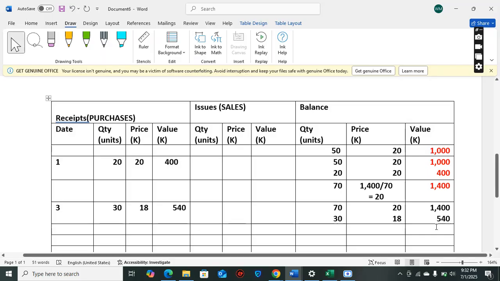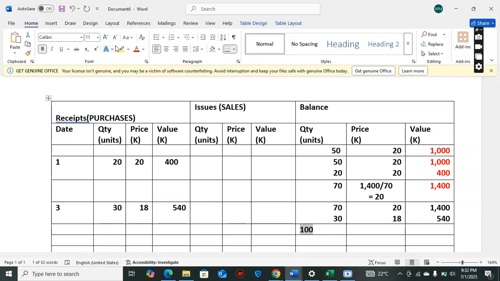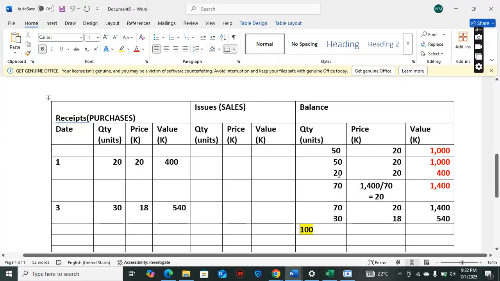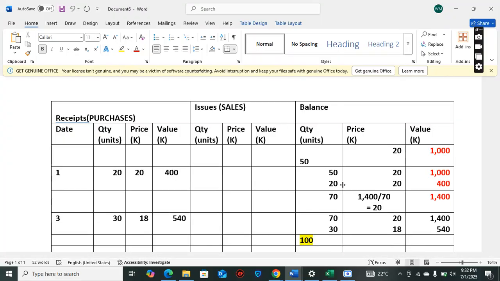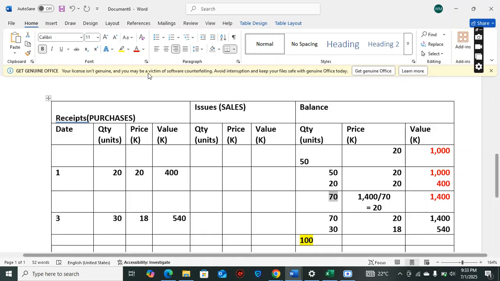Okay, so we get our total quantity, 70 plus 30, 100. 1,400 plus 540, that is 1,940.